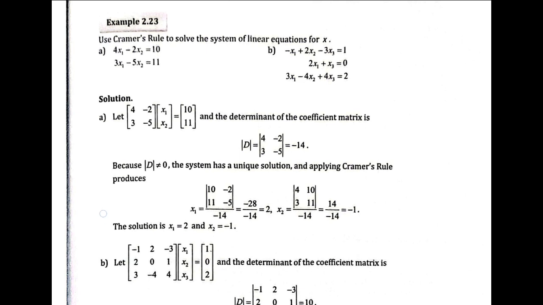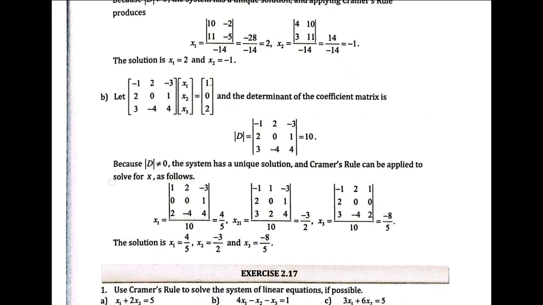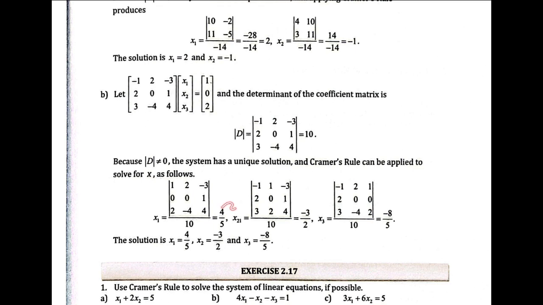And next, again, for 3 by 3, the same idea applies. The difference is just in how you calculate the determinant, because for a 3 by 3, the way to calculate it is a bit long. You can use cofactor expansion, and you should get these numbers and solve for x.